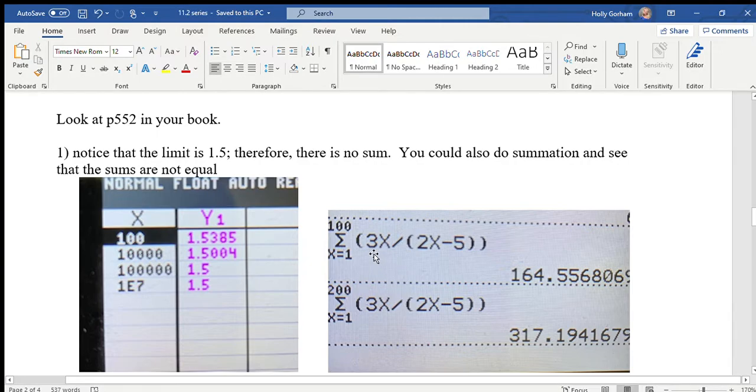Now, if you take that same 3x over 2x minus 5, if we had put that into our y equals, if you go to your table and you put in really big x numbers, so this is what I put in, look at the y's, they're getting close to 1.5. That means that's the limit. The limit is 1.5. But if the limit's not 0, there is no sum, which we confirmed over here as well. The two sums are not the same.